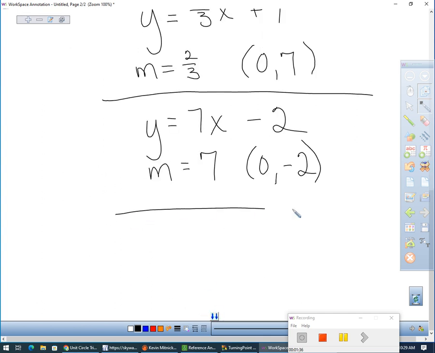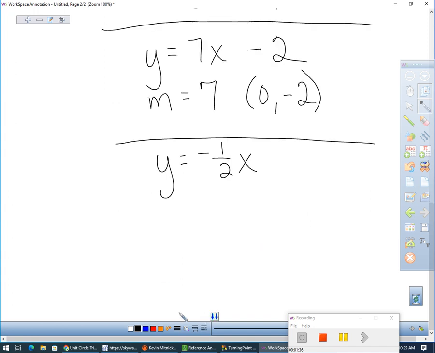Do another one quickly. What if I have y equals -1/2 x? My slope is -1/2. What's my y-intercept?